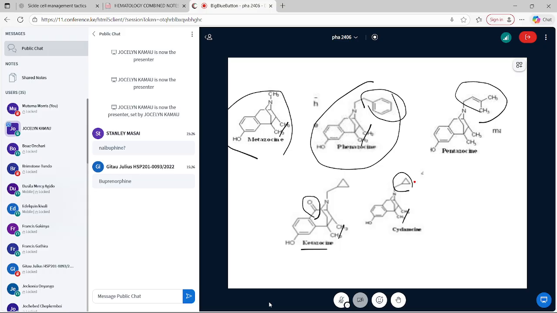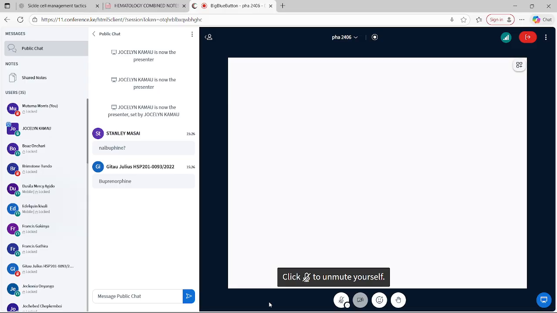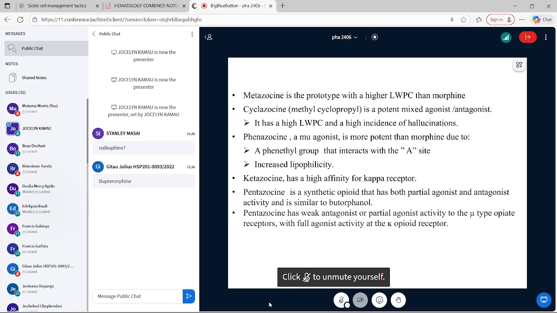Or like when you look at nalorphine and the other, now buprenorphine, they became mixed. When we didn't put a hydroxyl group at position number 14, they actually became mixed agonist, antagonist. So we are saying almost the same. Cyclazocine, which has a methyl cyclopropyl, is a potent mixed agonist, antagonist.